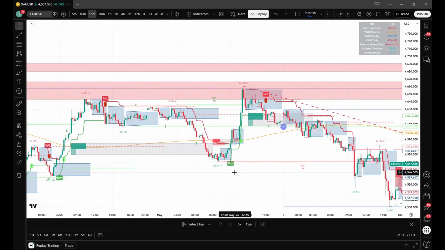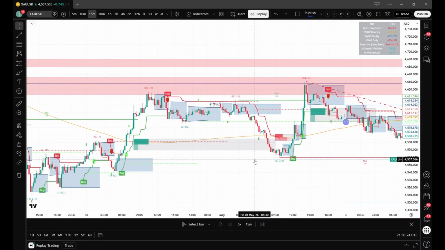Of course, you'd use it with the rest of the confluence layers, the broader market structure, the context, which we've covered in a lot of detail in our first video surrounding the toolkit, where we've covered every single module in extreme detail up until now. So I won't go back into that, but basically it adds to the confluences you're looking for stronger entries. That's what professional traders would scan for, but they do it visually.